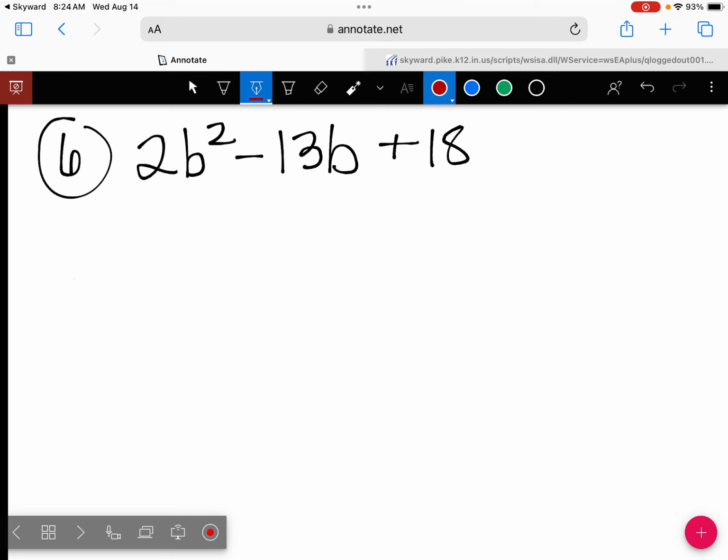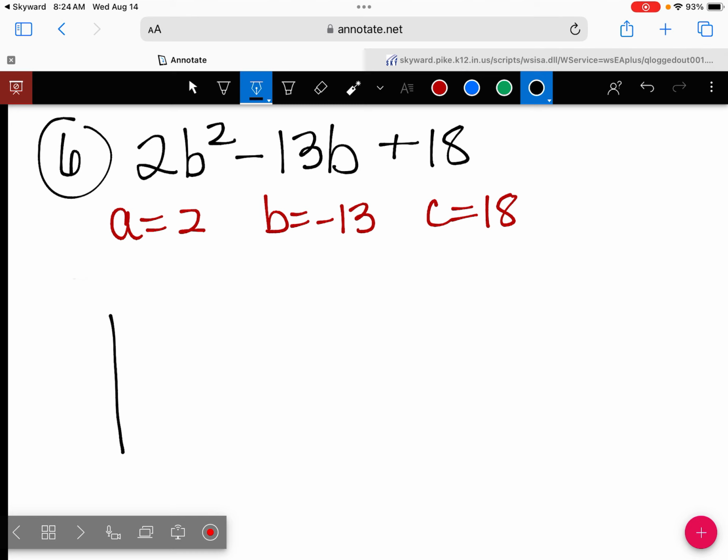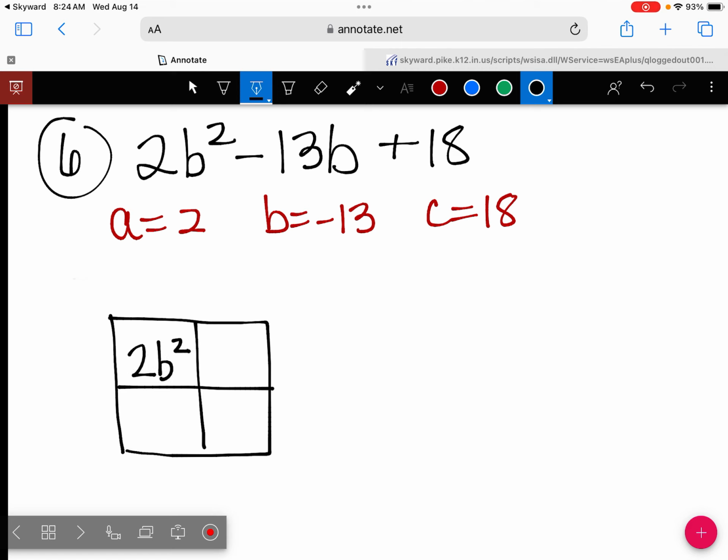So, Sean, what's A, B, and C? All right. Go ahead and make your box. That 2b squared has to go here. And the 18 has to go here.